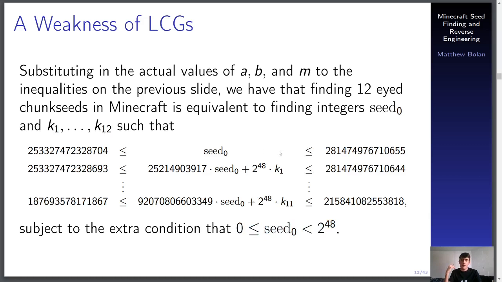We know that the invisible k0 that should have been here is 0. And so the question becomes: can you find 12 integers, 1 seed 0 and 11 of these k's, which satisfy all of these inequalities?